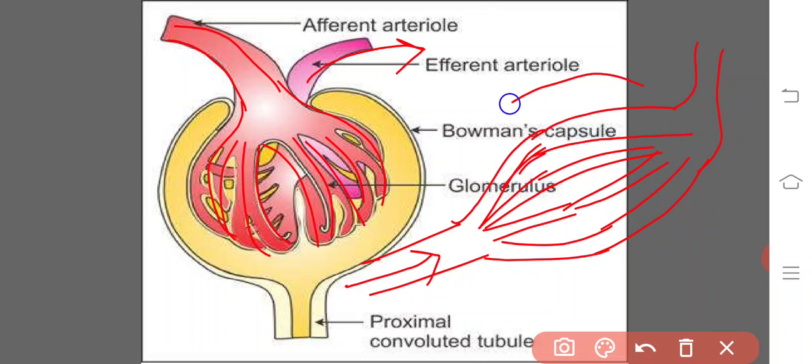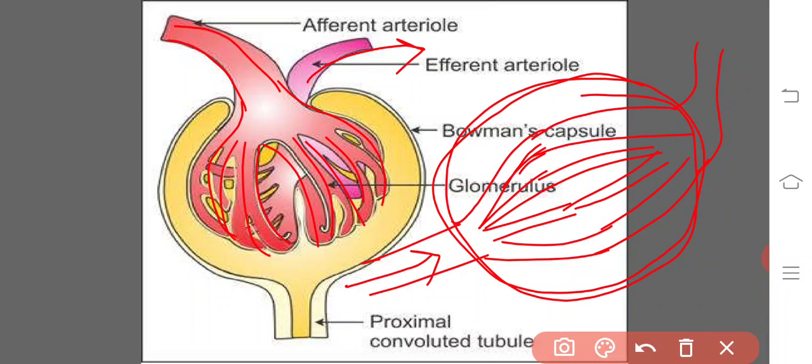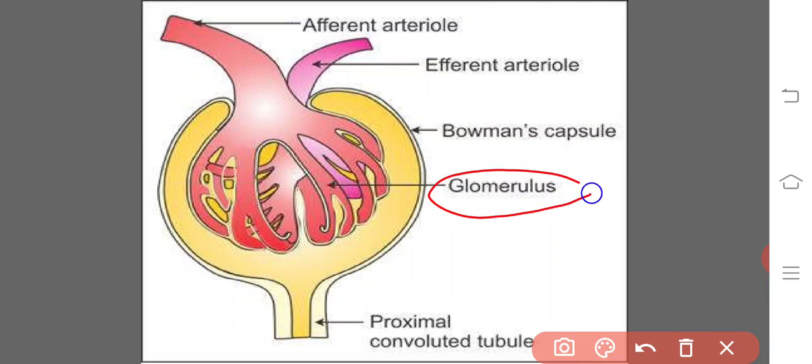So this capillary network which is formed by the combination of afferent arteriole and efferent arteriole is known as the glomerulus. Glomerulus is the capillary network formed in the lumen of the Bowman's capsule by the fusion of afferent arteriole and the efferent arteriole.